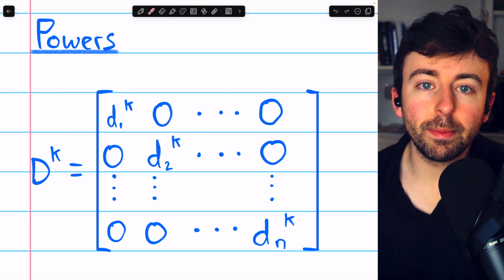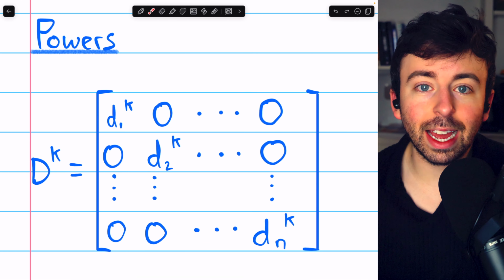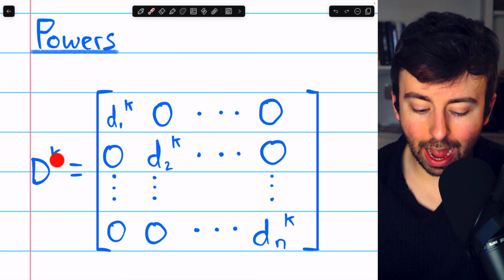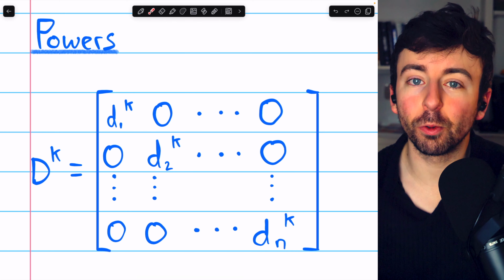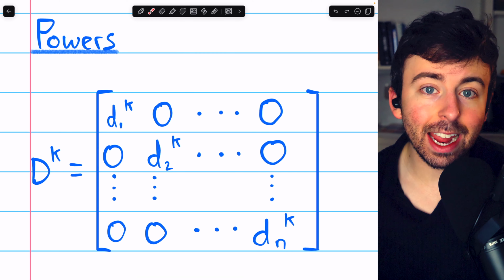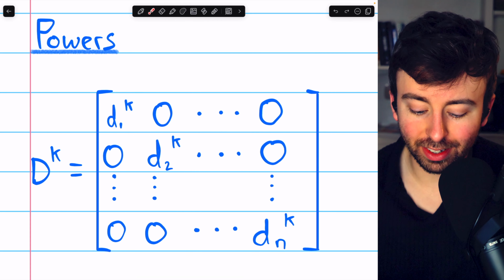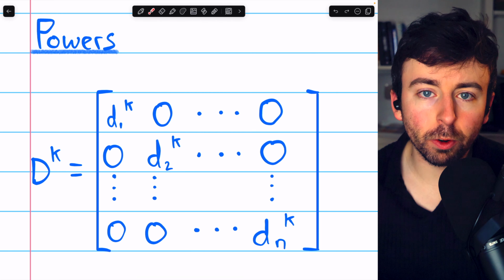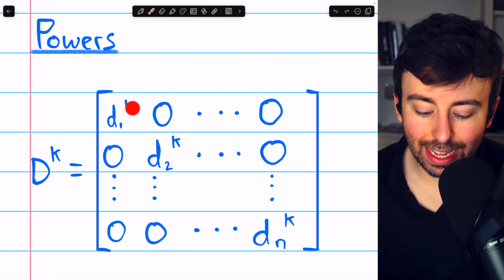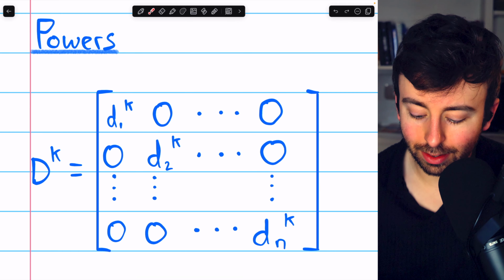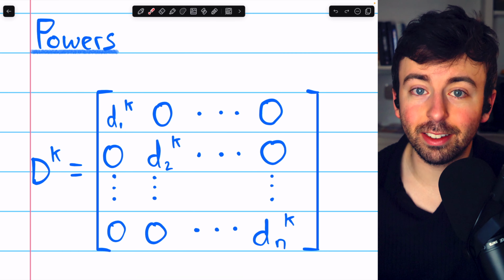Because of how simply matrix multiplication works with diagonal matrices, taking powers of diagonal matrices is really straightforward. The kth power of a diagonal matrix D is just the diagonal matrix consisting of the kth powers of D's diagonal entries.